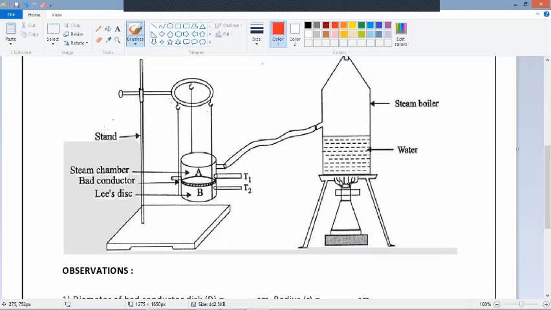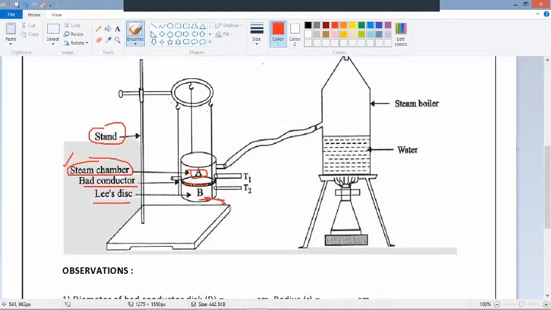You can see here the stand which we need, and the steam chamber. This is your steam chamber. This is your bad conductor, which is glass we have taken, and this is your Lee's disc, the bottom chamber.